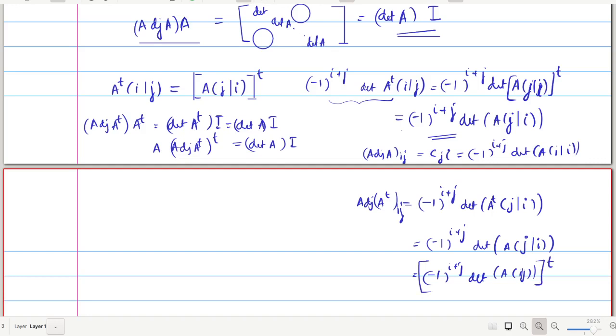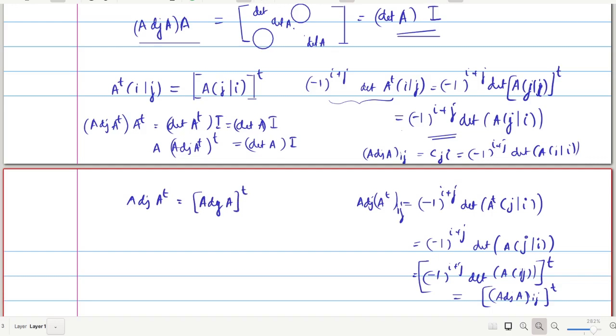Clear? So this is the ijth entry of adjoint of A, ij transpose.